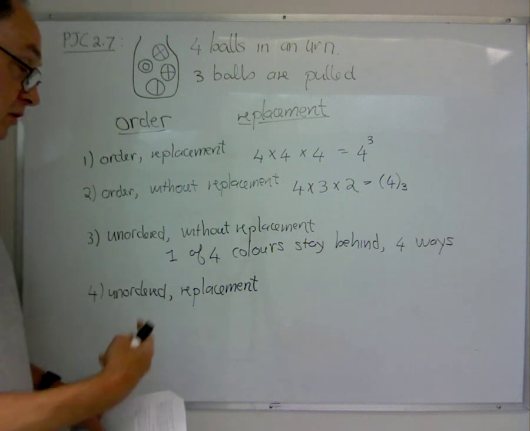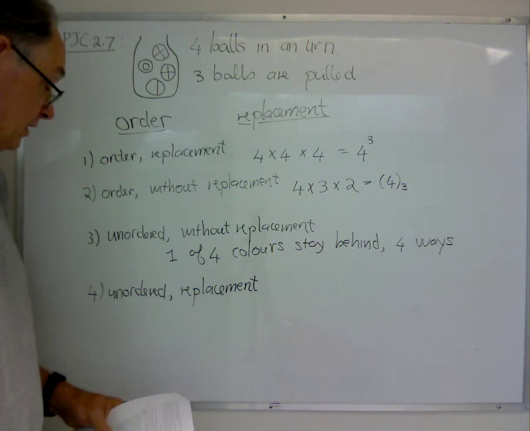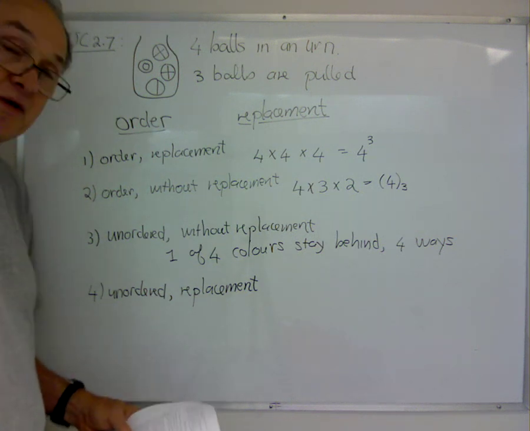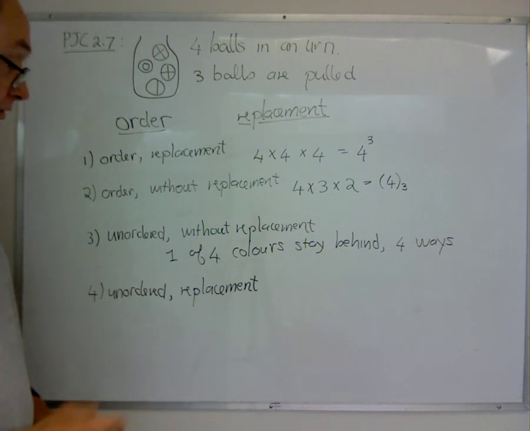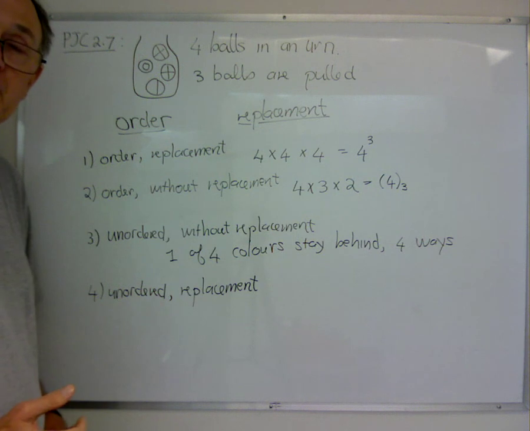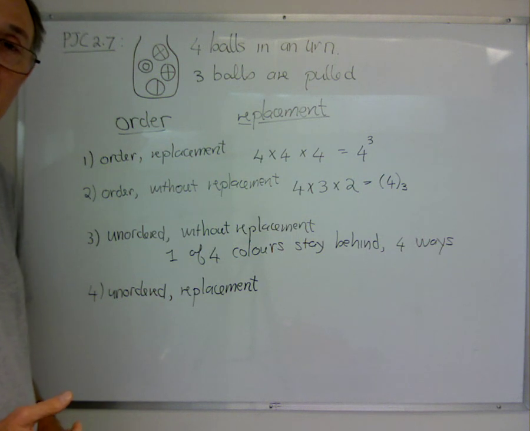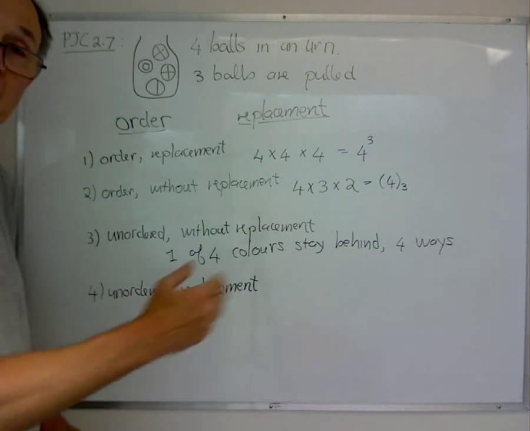So one way you're going to do it is you're just going to count them. You're going to classify them in all the possible different ways you can pull these balls, and then you're going to add them all up.